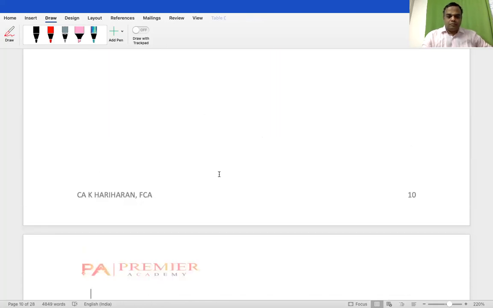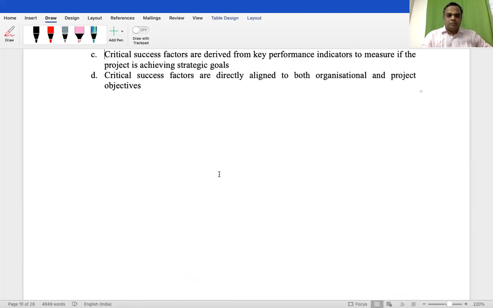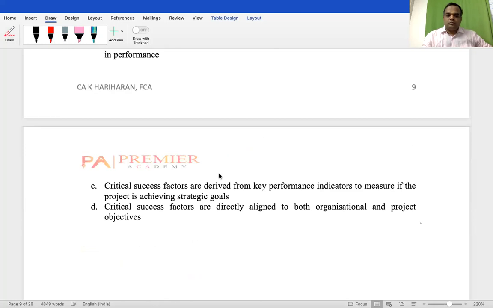Option C, critical success factors are derived from key performance indicators to measure if the project is achieving strategic goals. Option D, critical success factors are directly aligned to both organizational and project objectives. So what is the correct answer?